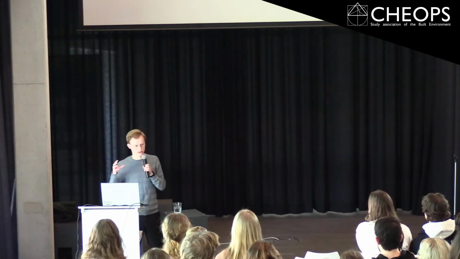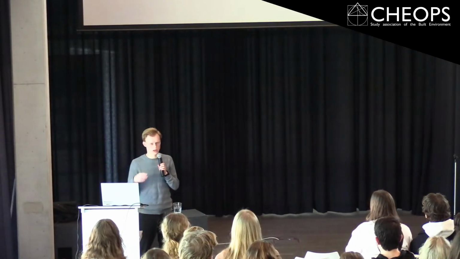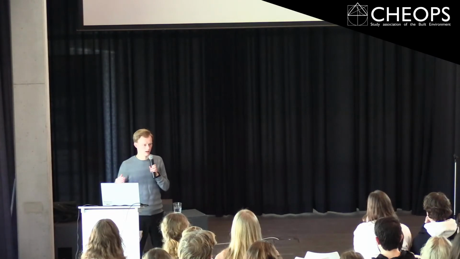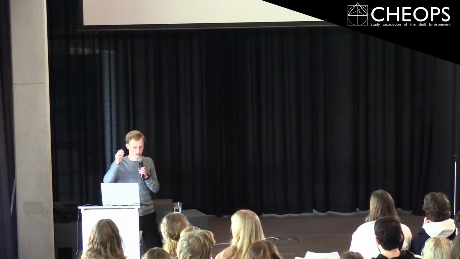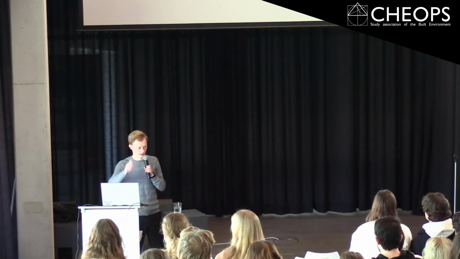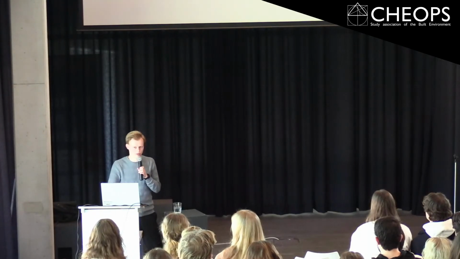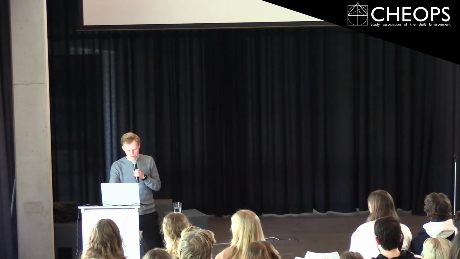So the site really determines how big the station is, and you can still see that today, for instance here in Eindhoven, which is way bigger than Strijp S, where a lot fewer people are using it.